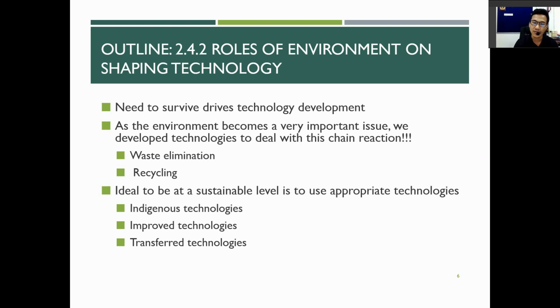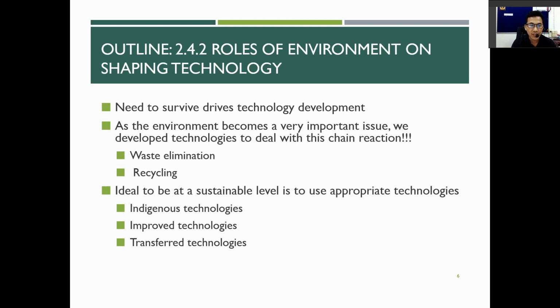That means you need it to survive, right? That kind of drives technology development to change from seawater to fresh water. I would say the need to survive drives us to have a lot of high level advanced technology that's really helpful.